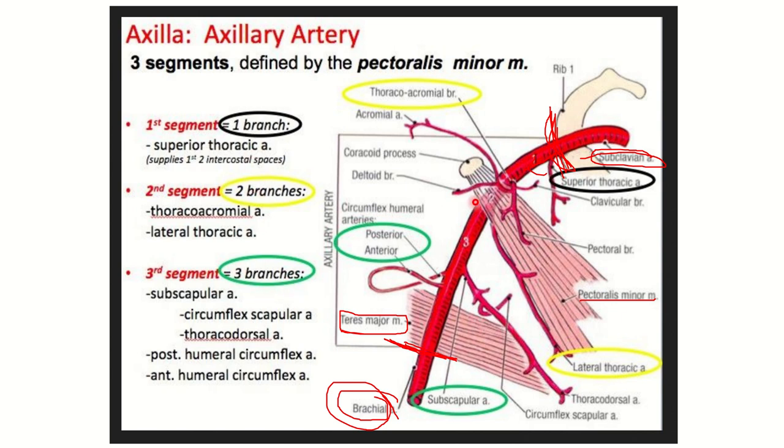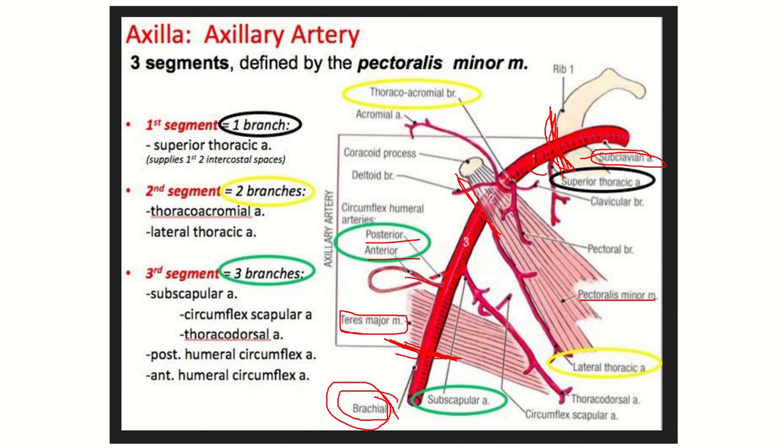So there is a third part that starts from the lower border of pectoralis minor muscle, and it ends at the lower border of the teres major muscle. And here we can see there are 3 branches, such as the anterior and posterior circumflex humeral arteries.